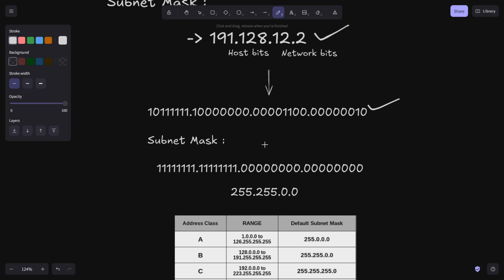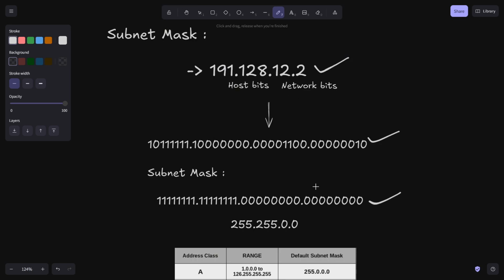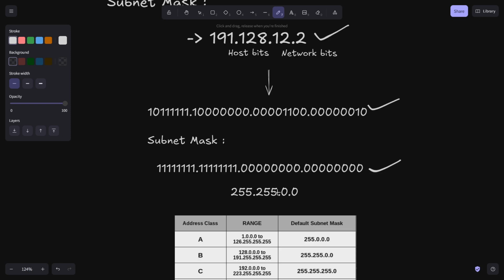And the subnet mask for the given IP address is written like this. If you see, the subnet mask for the given IP address is 255.255.0.0.